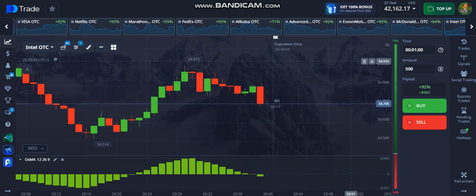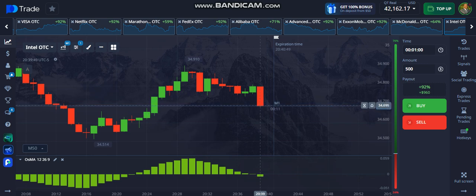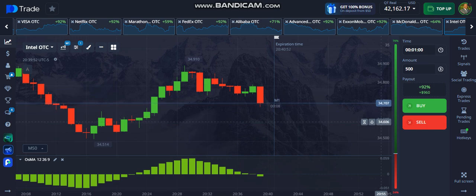Okay, so I'm back on Intel and you see this red bearish candle happening. We're close to the zero line here, so I'm waiting for this candle to close. Once the candle closes, I'm going to take a sell trade. You want to be at or near the zero line when you take the trade.